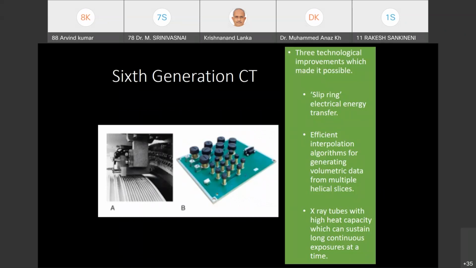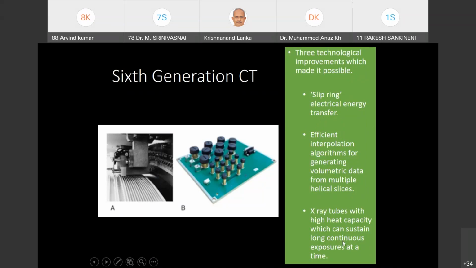And then we have three technological improvements which made it possible. That is slip ring electrical energy transfer, then efficient interpolation algorithms for generating volumetric data from multiple helical slices, and X-ray tubes with high heat capacity which can sustain long continuous exposure at a time.